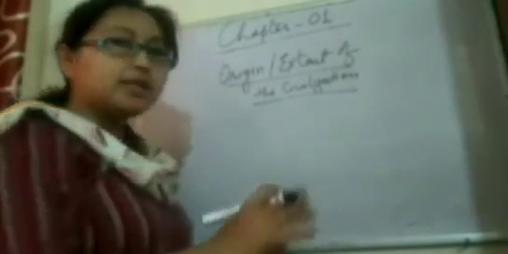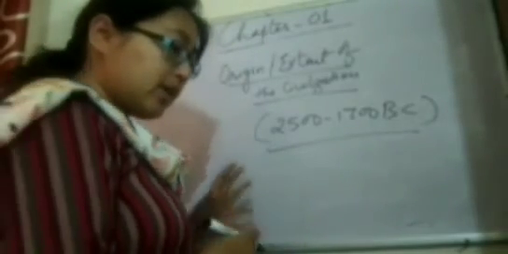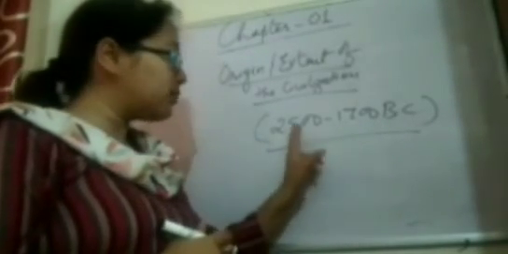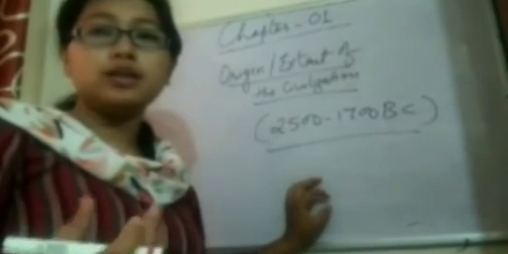Now the modern scientists have estimated the age of the Harappan civilization at roughly 2500 to 1700 BC, and that too from radiocarbon dates. What is radiocarbon?